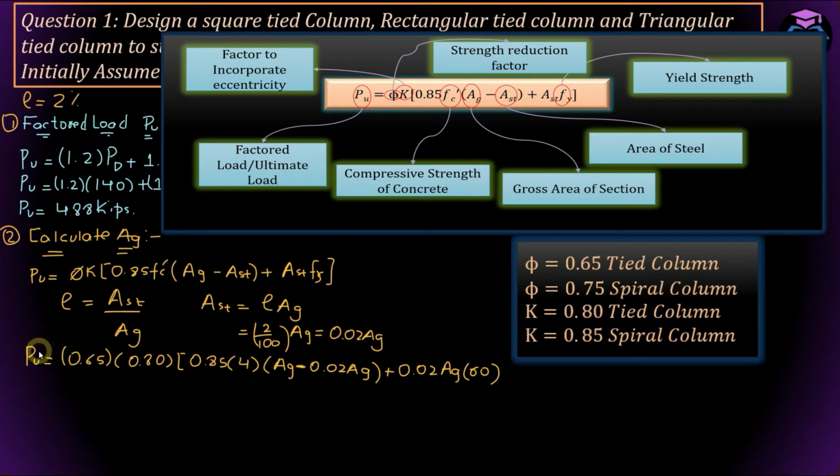And Pu is equal to 488 kip. So we can see here that we have an equation with only one unknown, that is the gross area of section, Ag.